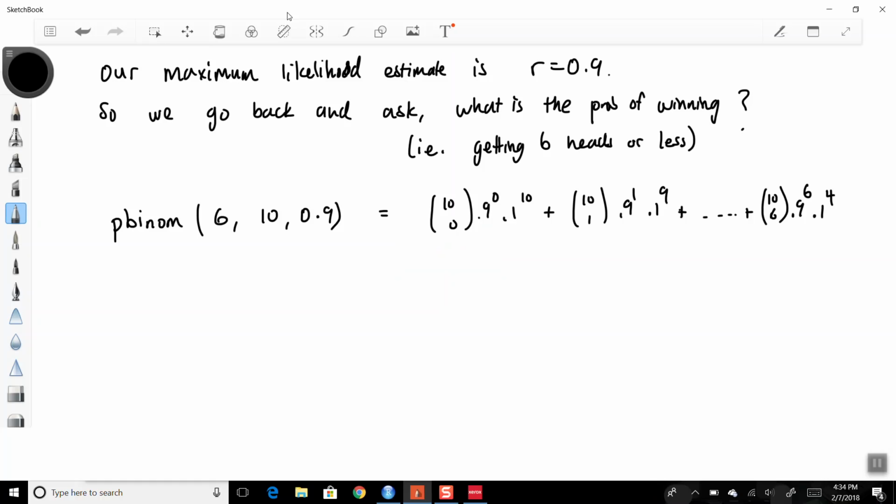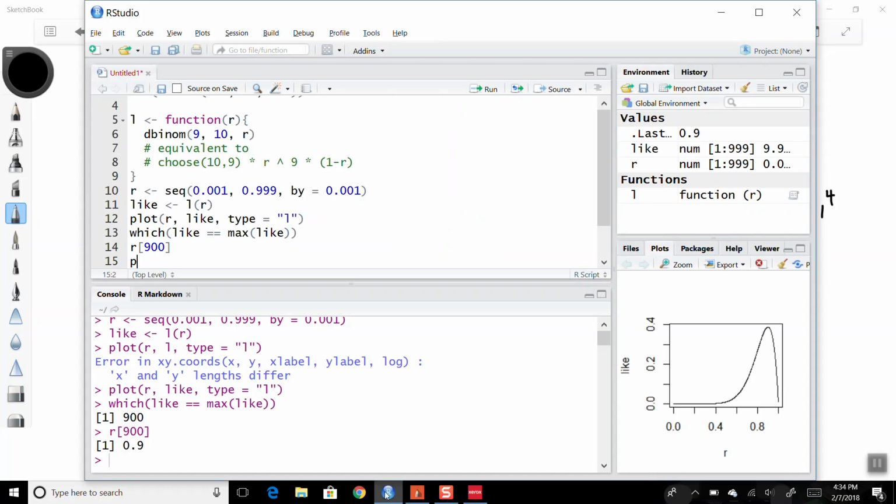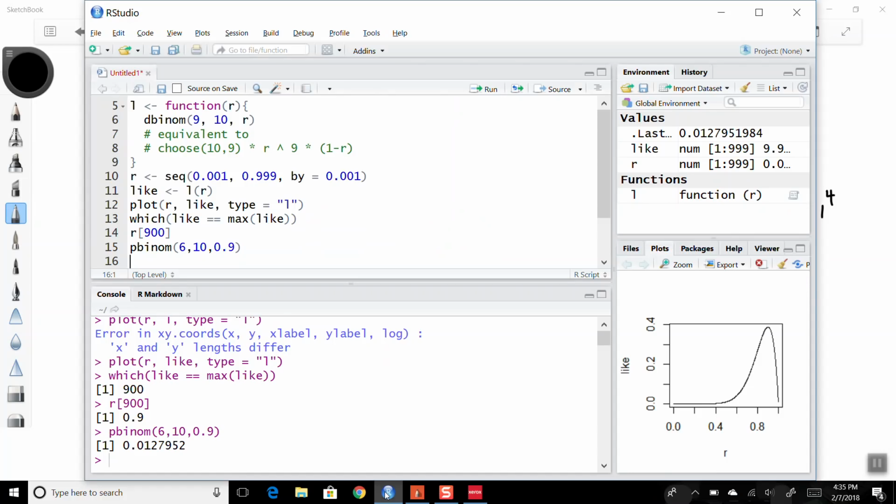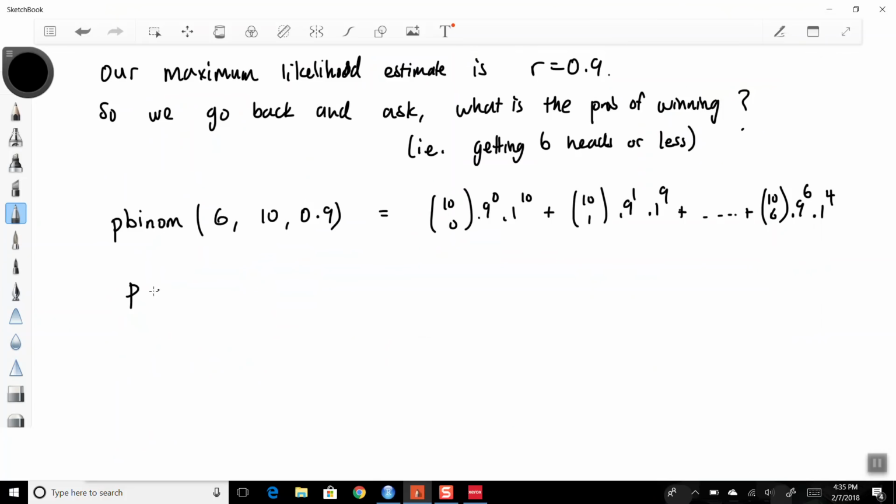Is that okay? And so I go to R, I type in pbinom(6, 10, 0.9), my maximum likelihood estimate, and I get the probability of winning is only 0.0128. It's pretty low.